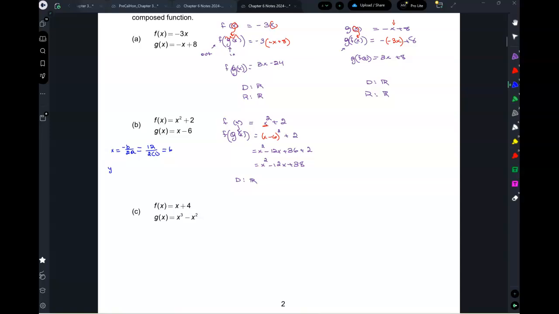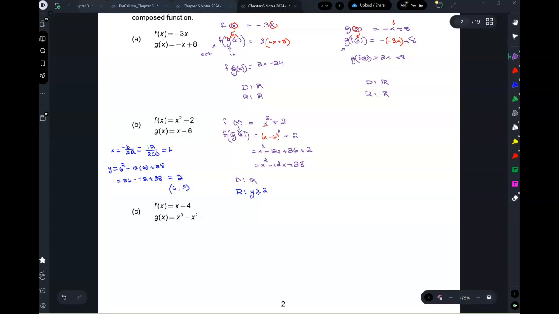The y-coordinate is when you plug in the 6: 6 squared minus 12 times 6 plus 38, 36 minus 72 plus 38, that's 2. So the vertex is 6, 2. This is a parabola that's facing up, so the range is y is greater than or equal to 2.